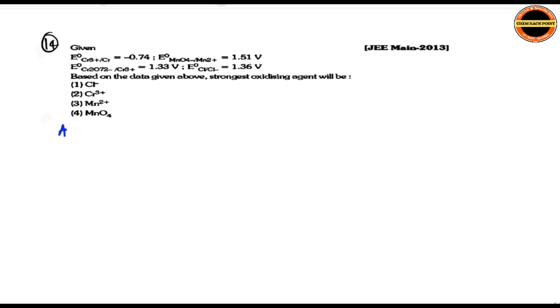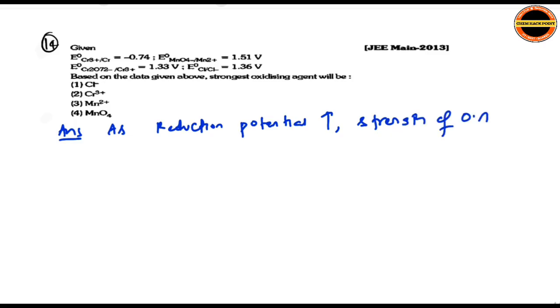So how do we proceed with these reduction potentials? First of all, see here, as reduction potential increases, strength of oxidizing agent increases. Among all, which has the highest reduction potential? The highest reduction potential is for MnO4.